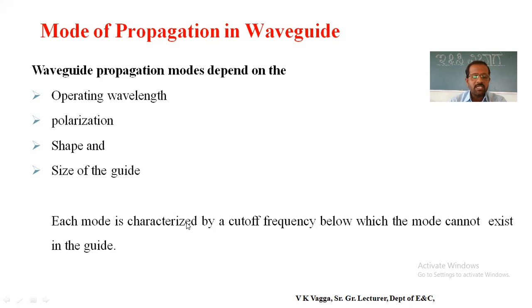Each mode is characterized by a cutoff frequency, below which the mode cannot exist in the waveguide. Each parameter plays a very important role in deciding the frequency range it can accept, and if the frequency is below that, it is not going to accept the signal into the waveguide. This is about the dependence of waveguide mode propagation.